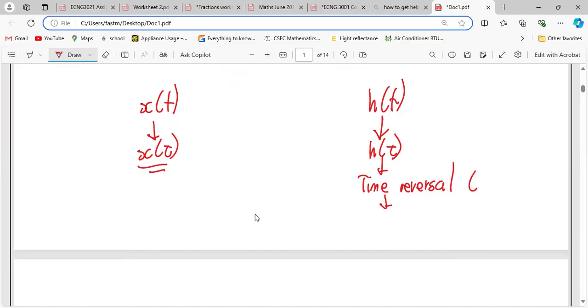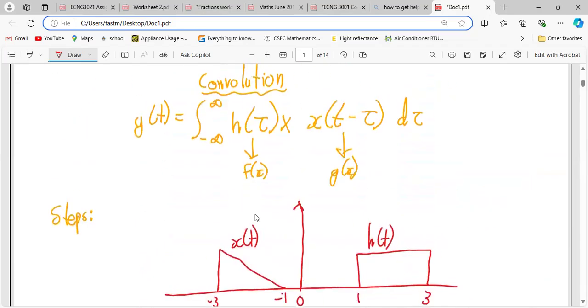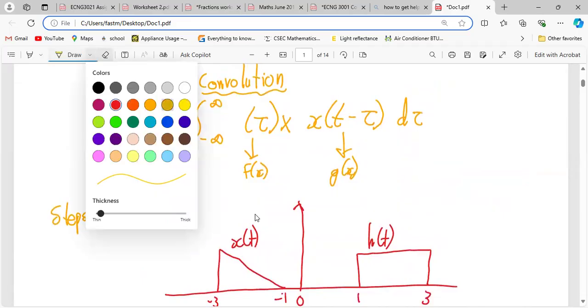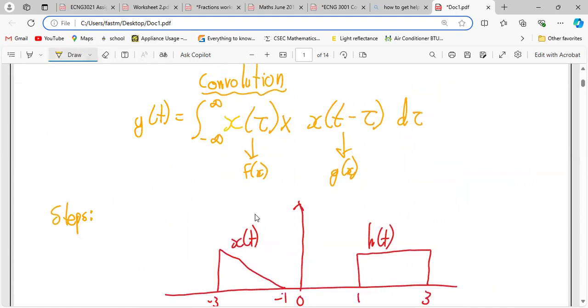After you do your time reversal, you do a time shift, so you end up with h at t minus tau. This equation here had a mistake in it. It's supposed to be x, and this is supposed to be h.